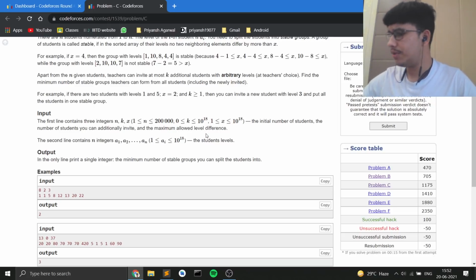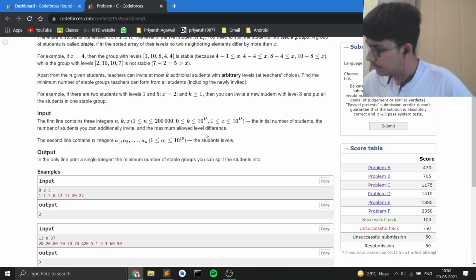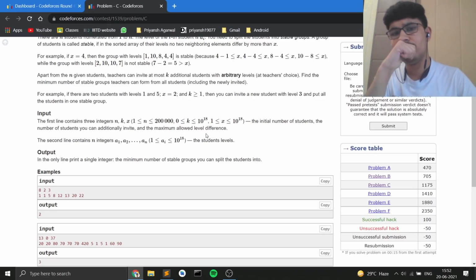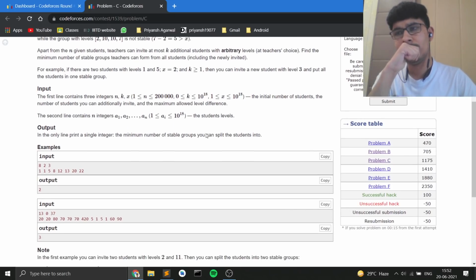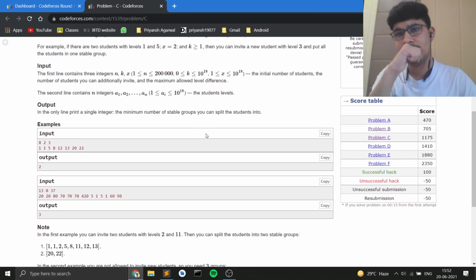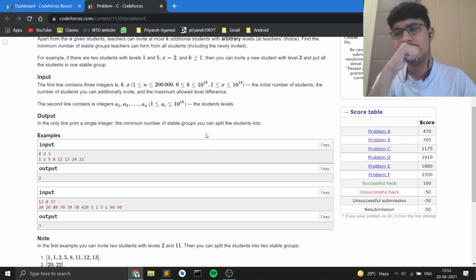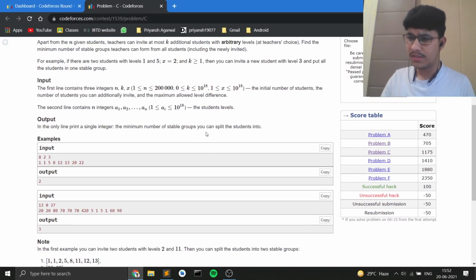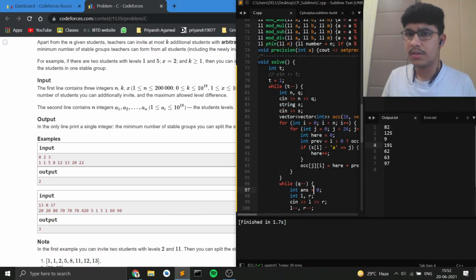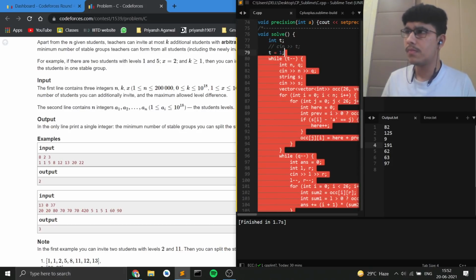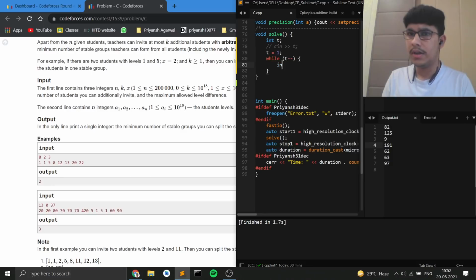So all of these are up to 10 to the power 18. I don't know if there can be some overflows as well. Okay, so first of all, I think I need to sort all these numbers. I mean, without sorting, it does not make any sense. Alright, so I have int n comma.